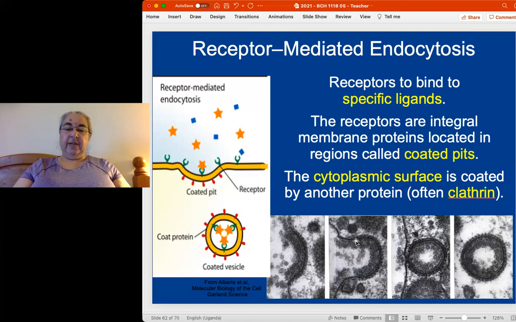And because the ligands are present, the pit deepens and pinches off and forms a vesicle. And now the vesicle has the ligand attached to the receptors on the inside and the coat proteins on the outside. So the type of protein that's on the outside is often called a clathrin. Okay, so the type of protein that labels these coated vesicles is called clathrin.